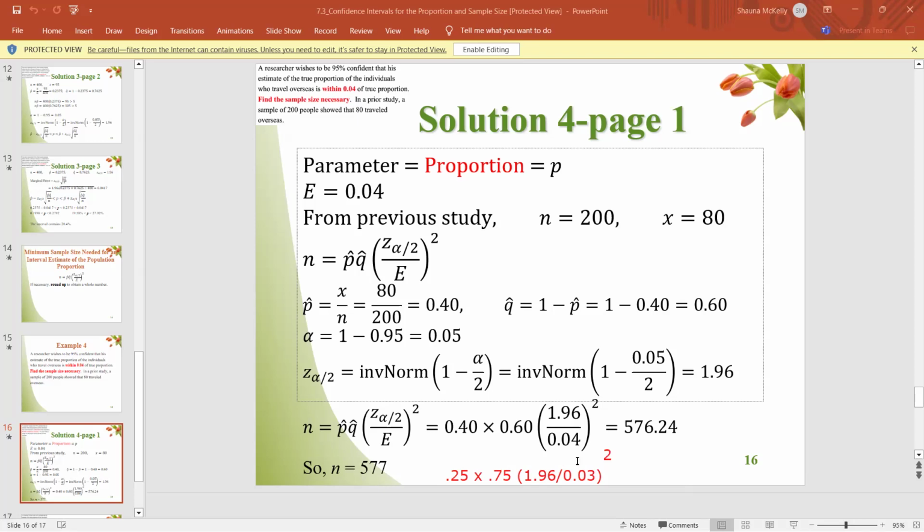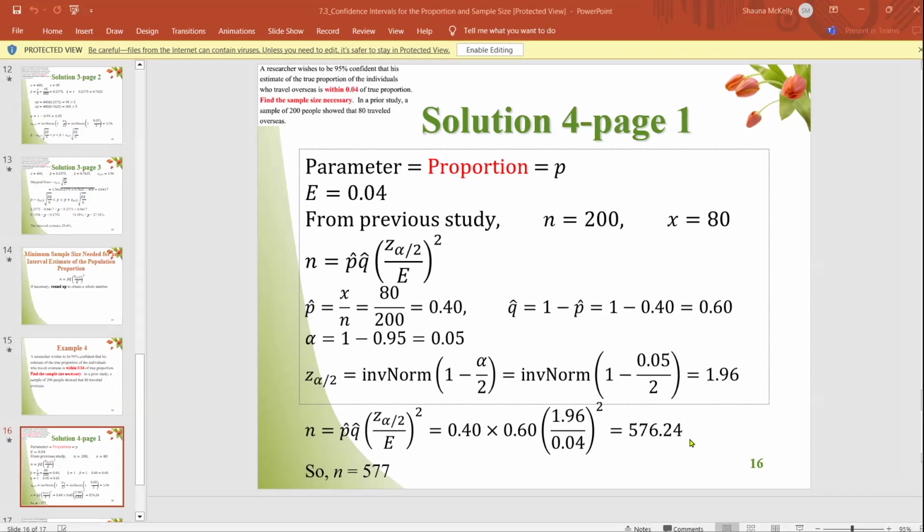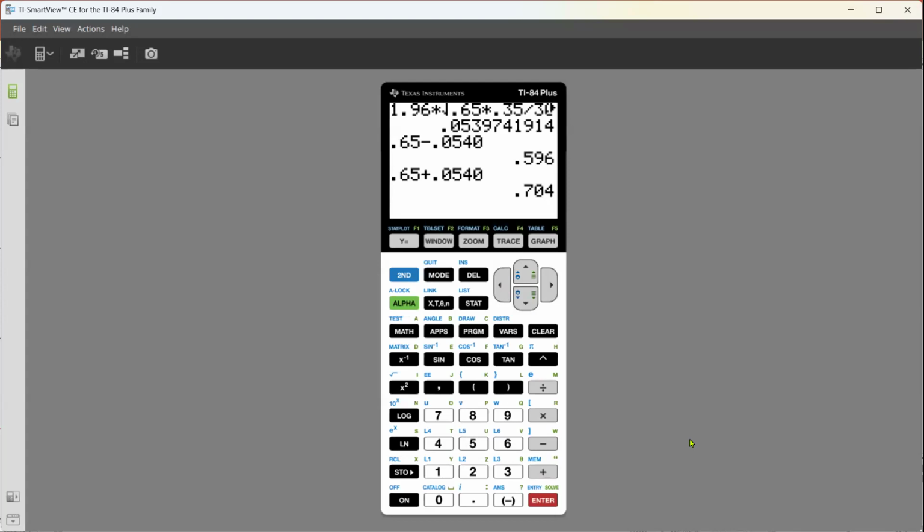In 3, 2, 1. So now come over here and we're going to put this in the calculator. So we have 0.25 times 0.75.